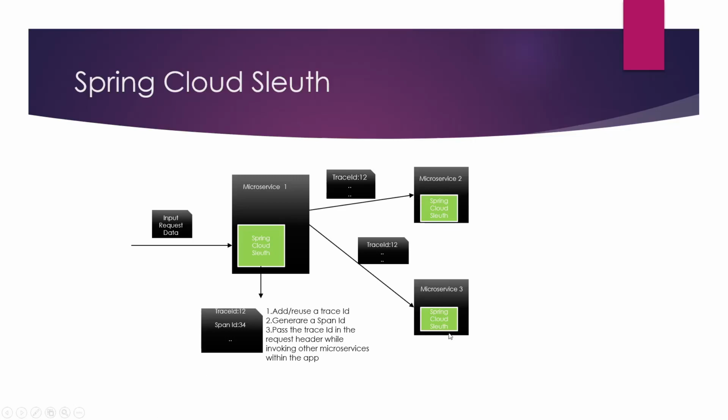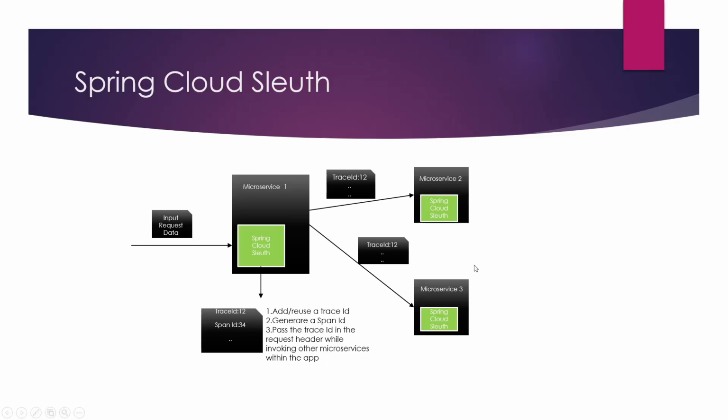So as the other microservices are involved as part of serving the HTTP request, these steps will be repeated at each microservice by the Spring Cloud Sleuth component within that microservice. The steps which I mentioned, these three steps.